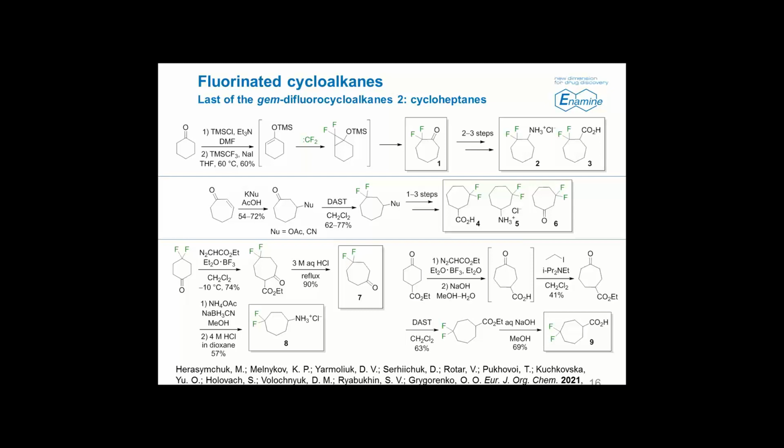But we have shown in our previous works that cycloheptane and larger cycloalkanes in general have very specific conformations that are significantly different from those observed for other smaller cycloalkanes.